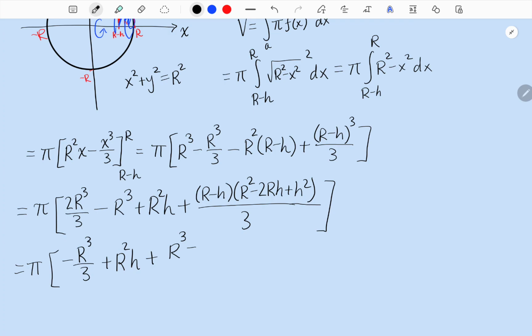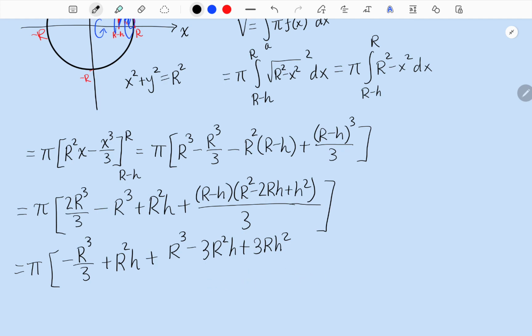so minus 3r squared h, and then I think this is minus 3rh squared, no, plus 3rh squared, okay, because negative, and this becomes, yeah, I have this times that is 2rh squared, and then plus rh squared, yeah, 3rh squared, and then I'll have minus 3r squared h, because I get minus 2r squared h, and then I get minus hr squared, or minus r squared h, which is negative 3r squared h.